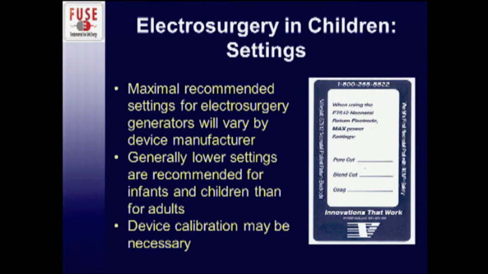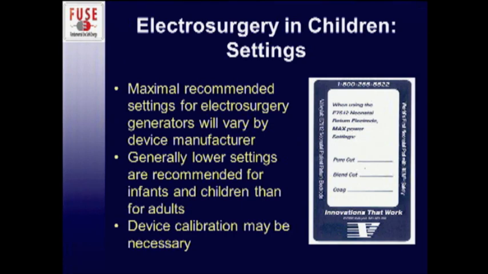What I have learned is that the maximal settings recommended for electrosurgery generators are going to vary by device manufacturer, but in general, we're going to use lower settings in infants, especially newborns, and children than we use in adults. The settings are going to vary by device, and calibration may be necessary. I'll give you an example.